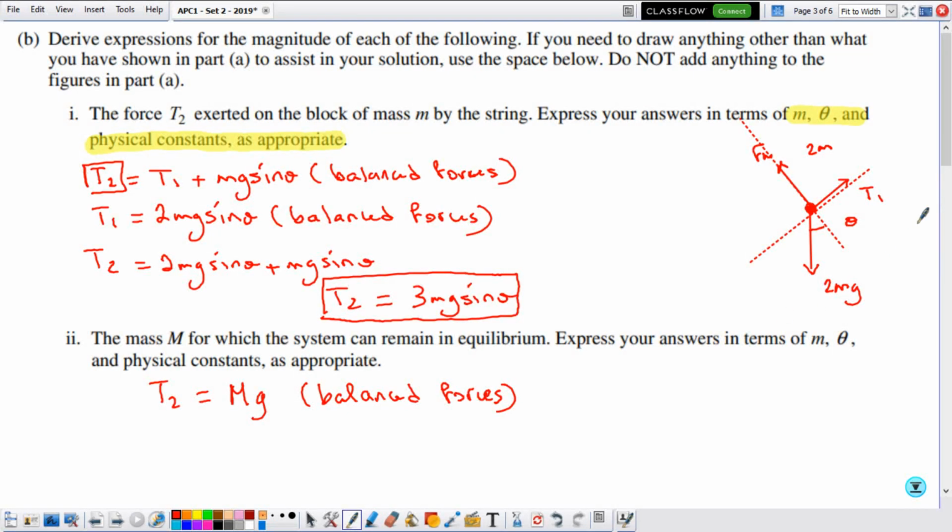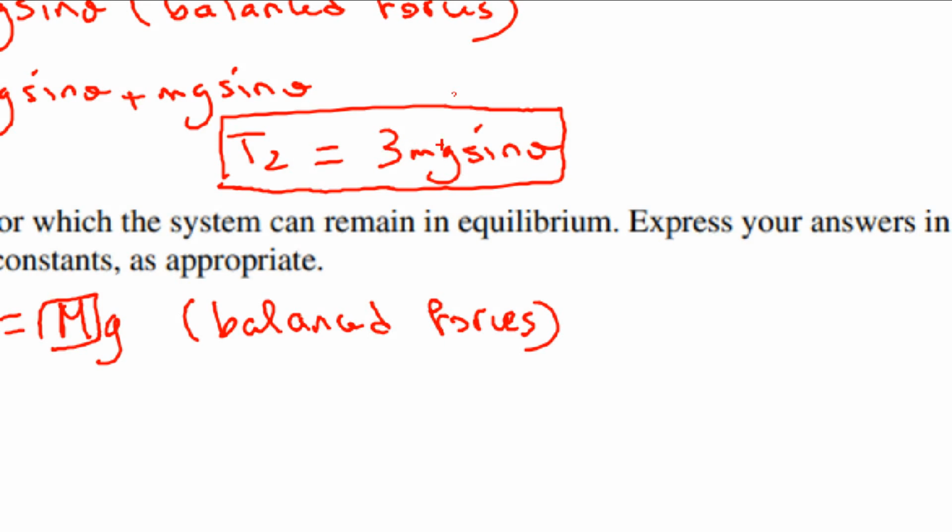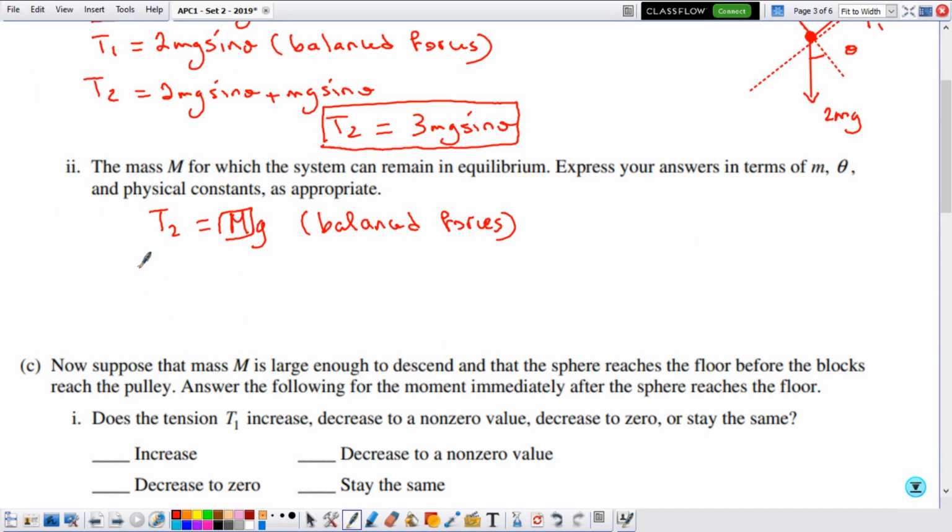Then each part of the system is at rest, and we need to find the expression of M. So we need to replace T2. Already T2 has been determined in idea I to be 3mg sine theta, and that would be 3mg sine theta equals capital M multiplied by g, with g cancelling. Then the expression of M in terms of m, theta, and physical constants is given by 3m sine theta.